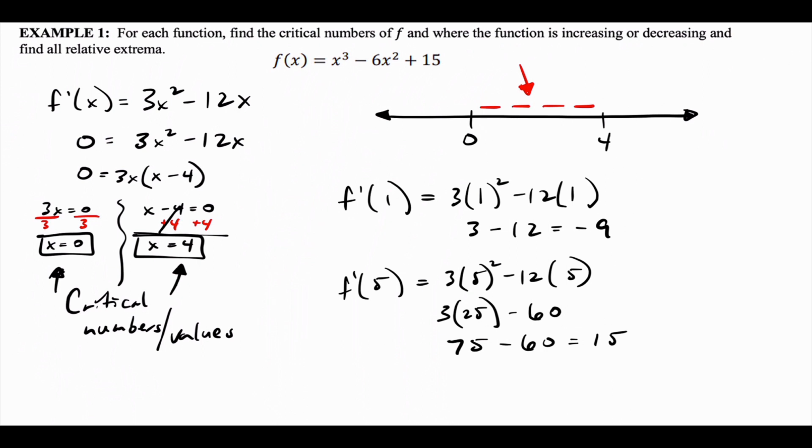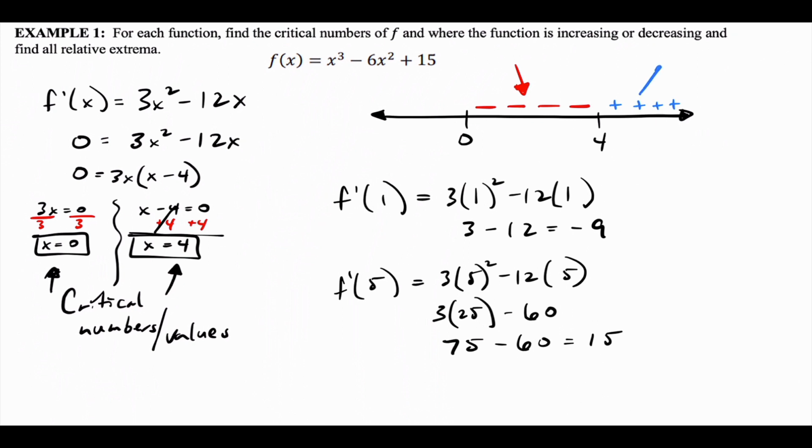I just want to know if it's positive or negative. In this case, it's going to be positive. So that means after 4, the derivative is positive. So if the derivative is positive after 4, that means the function is increasing. Good.